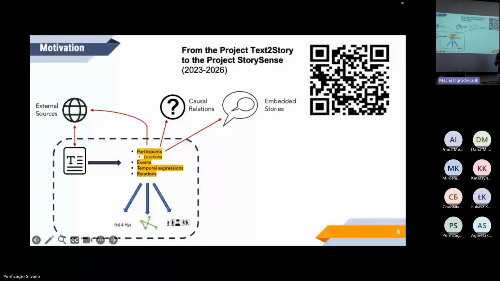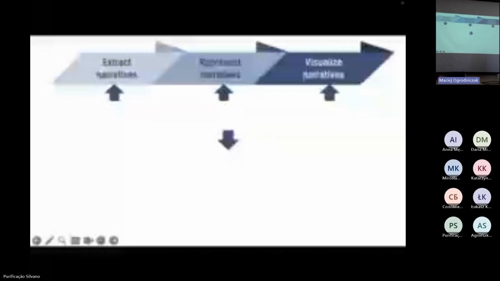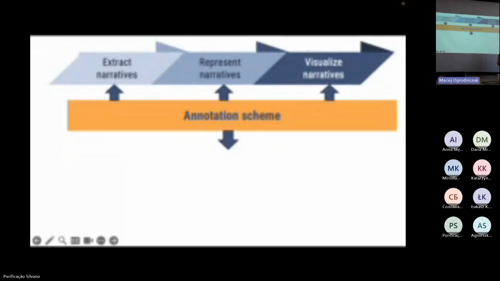So, of course, to extract, represent, and visualize narratives, we need annotation, right? And we need an annotation scheme. When we started working on this, we thought, well, we are working with news, so we have to develop an annotation scheme that is able to represent the main news features.